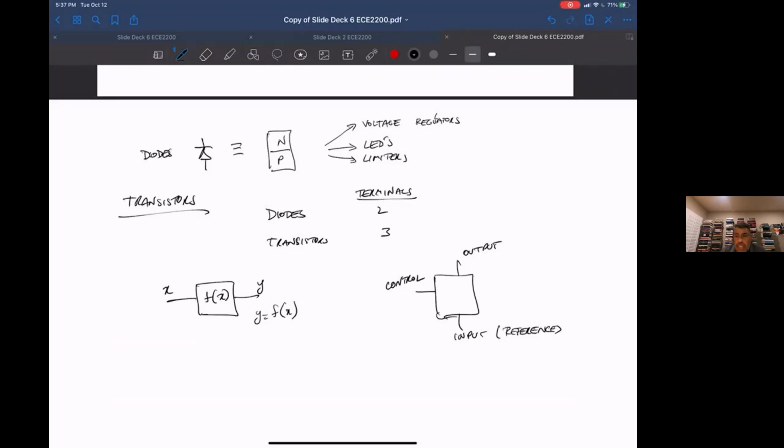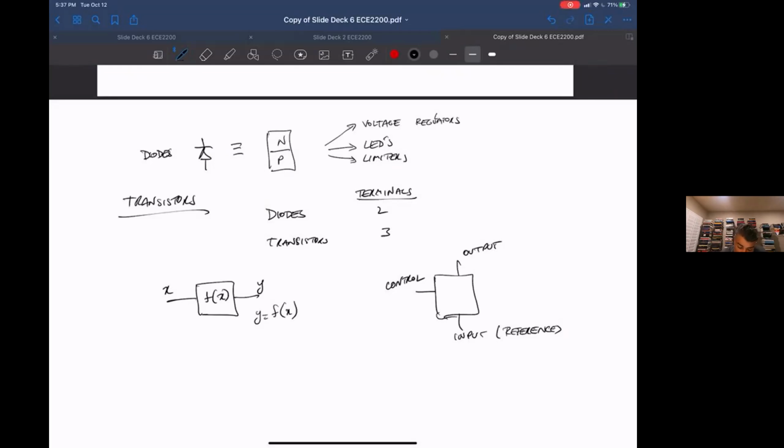All right. Okay, guys. So let's keep going. So three terminals in transistors, and you can do a lot more with them than with diodes. So, why is that?